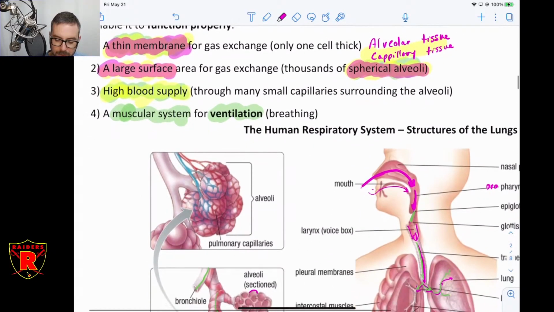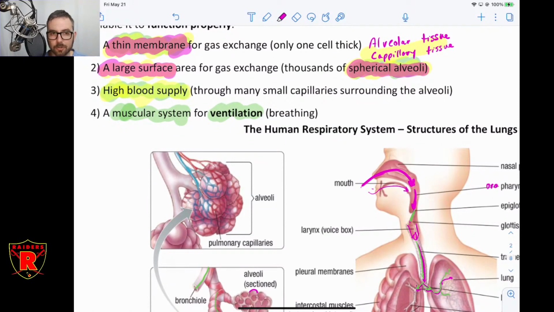You also need to provide lots of blood. So the lungs have an absolutely massive blood supply in order to allow this much gas transport to occur. So you need high blood supply, and many, many tiny capillaries are running through your lungs.